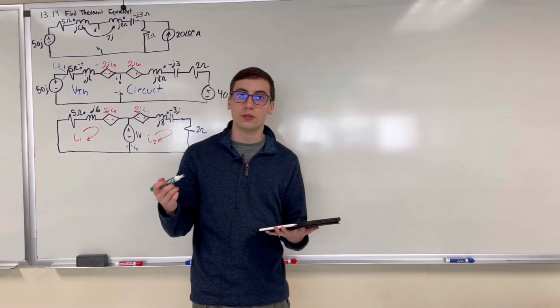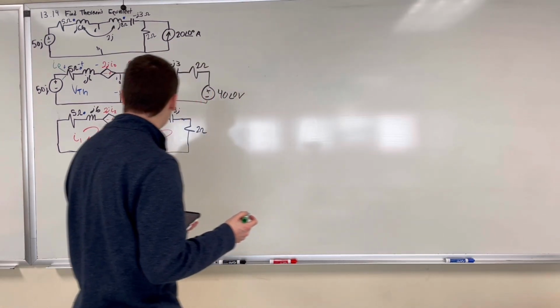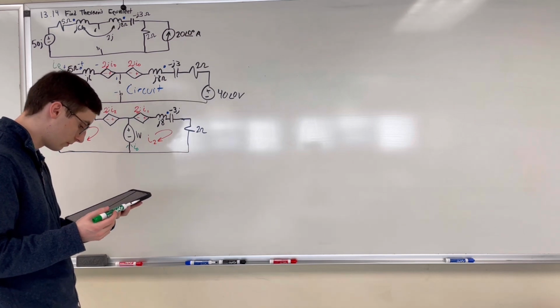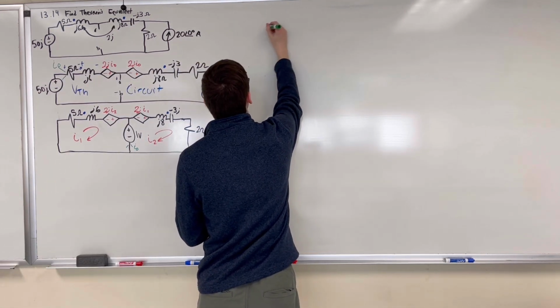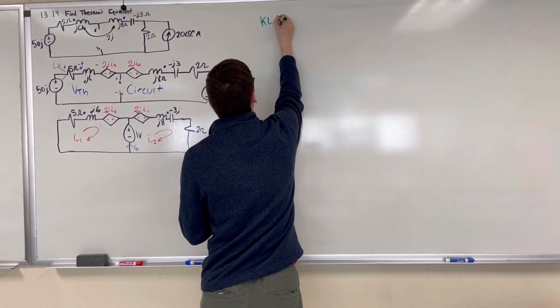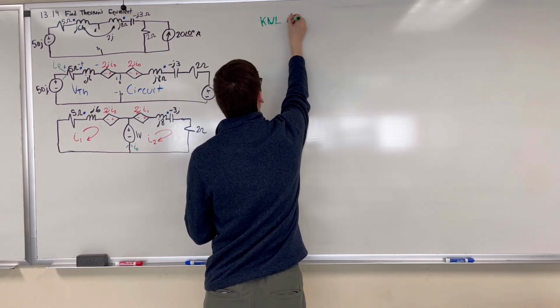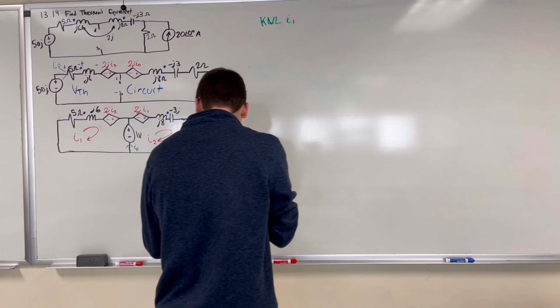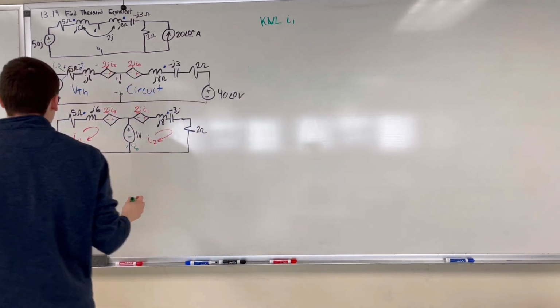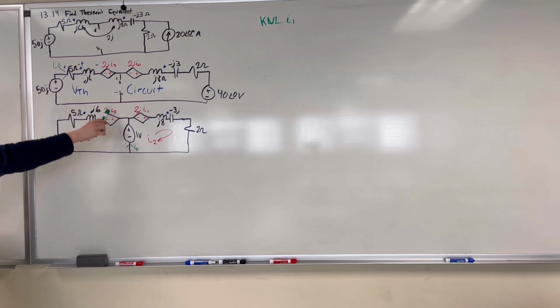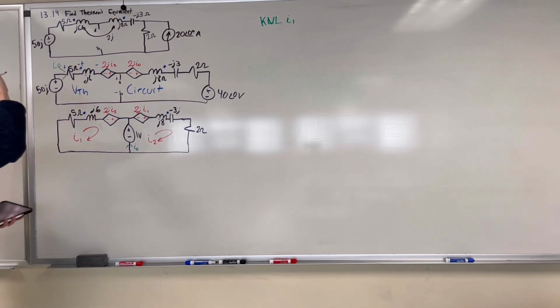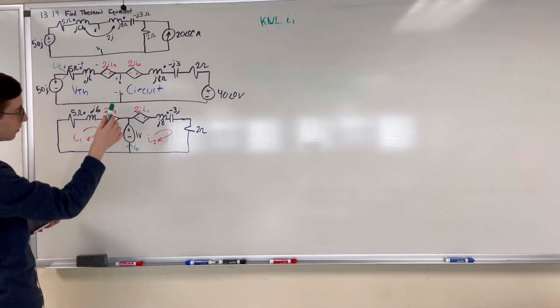All right, so now let's do this mesh analysis so we can find I0 and ZTH. I'm going to start with KVL of I1. The KVL of I1 is pretty simple. It's just going to be 5, this 6J inductor, this source, and then this source.